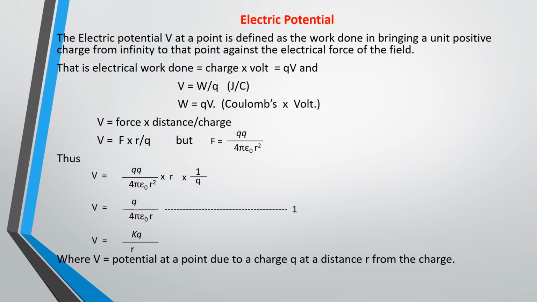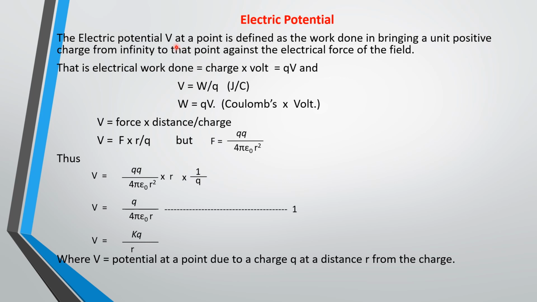Electric potential. Electric potential at a point is represented by V, and it is defined as the work done in bringing a unit positive charge from infinity to that point against the electrical force of the field. So electric potential has to do with work done, because it has to do with energy.